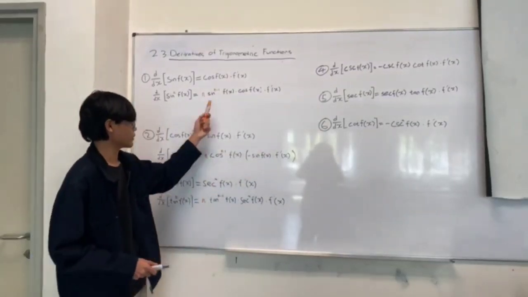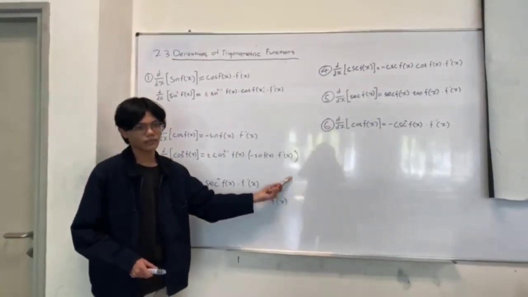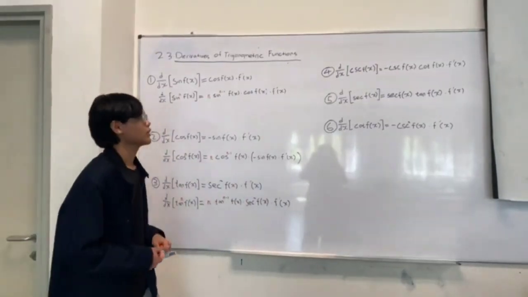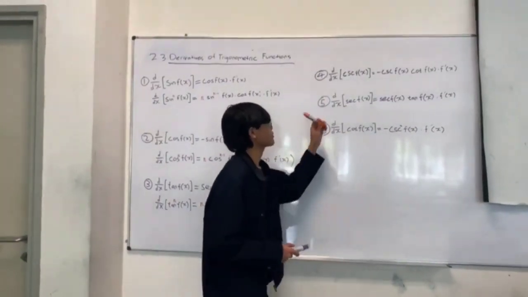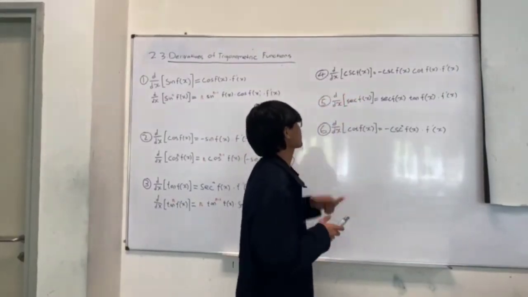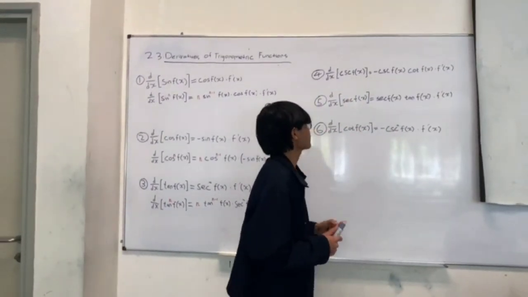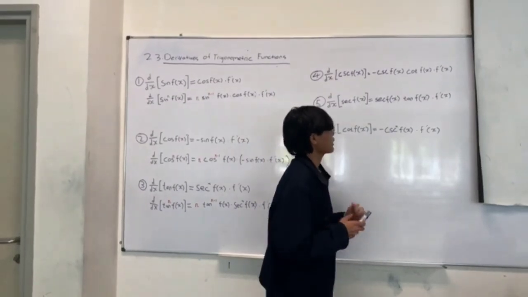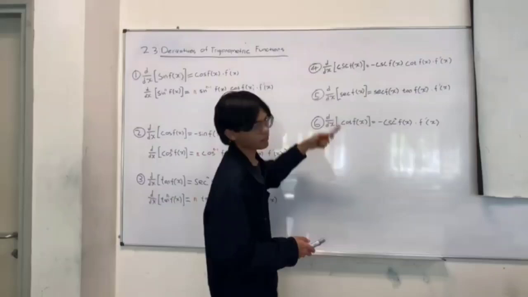Same goes for this also. So we write it like this after we apply the power rule. In this way, we also have the trigon cosec f(x). We derive it to become negative cosec cot f(x) and derive the angle. The same goes for the others.